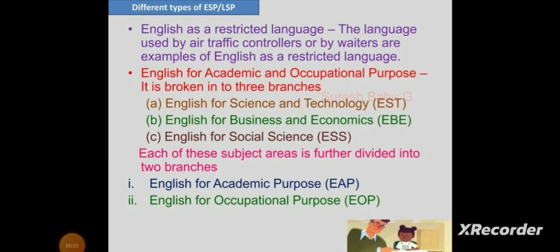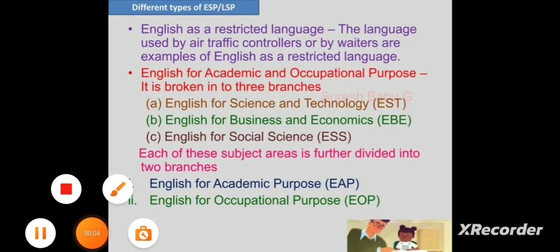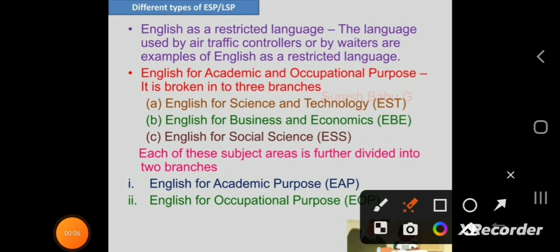Different types of ESP or LSP. English as a restricted language. The language used by air traffic controllers or by waiters are examples of language as restricted language.